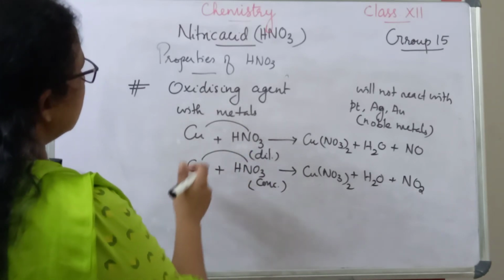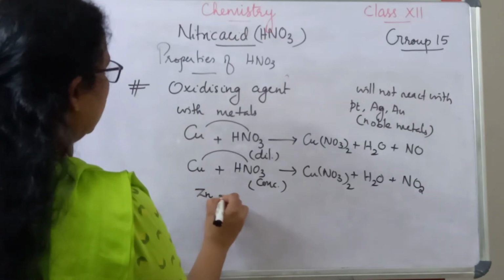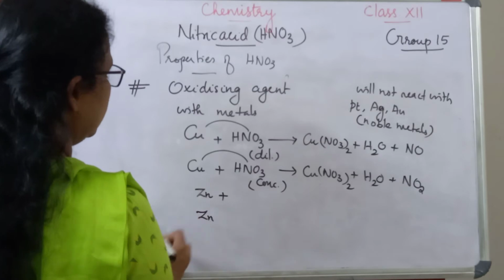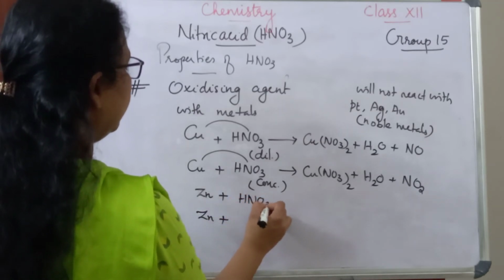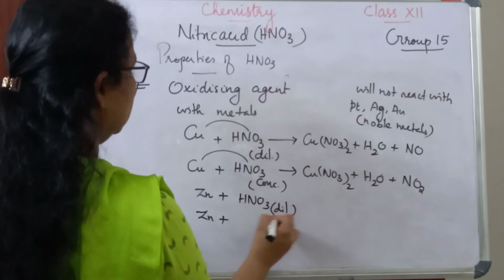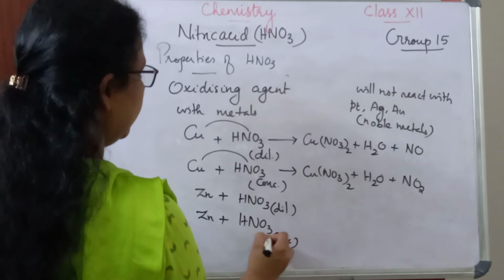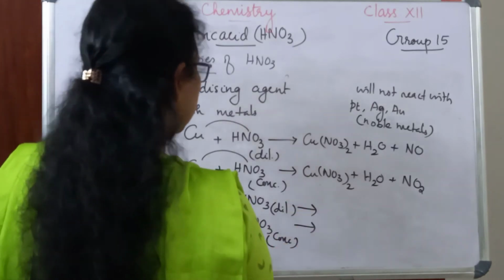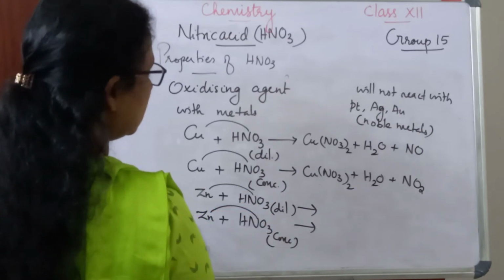The same is with zinc metal also. In the case of zinc also we can use dilute HNO3 and concentrated HNO3. In this case also, first of all we can write the salt formed.